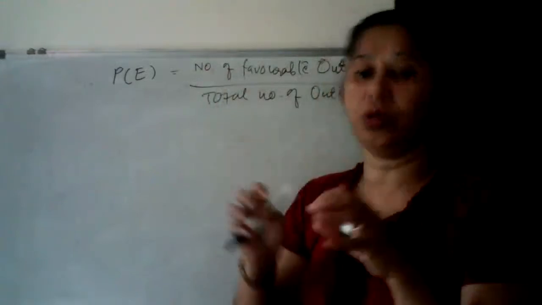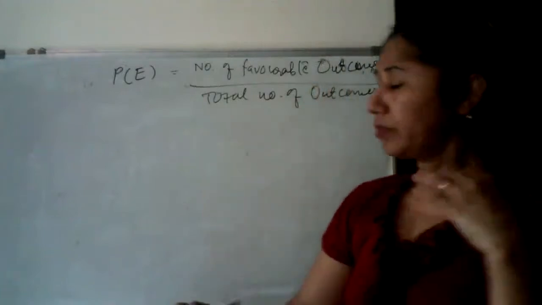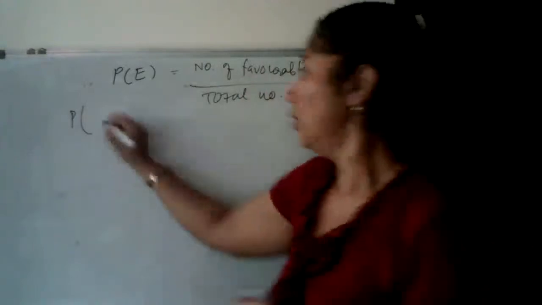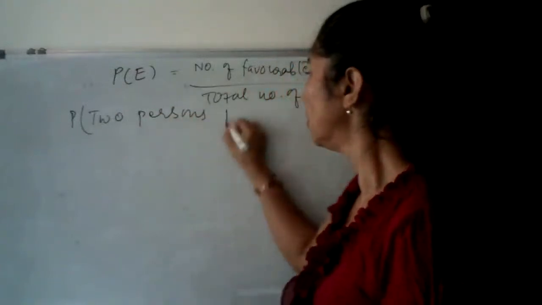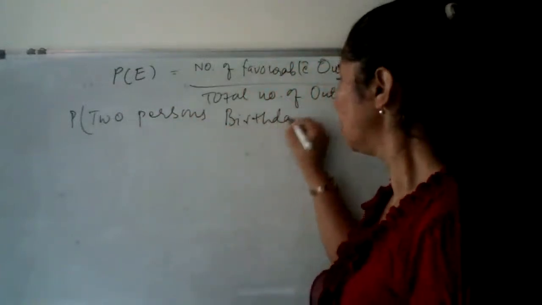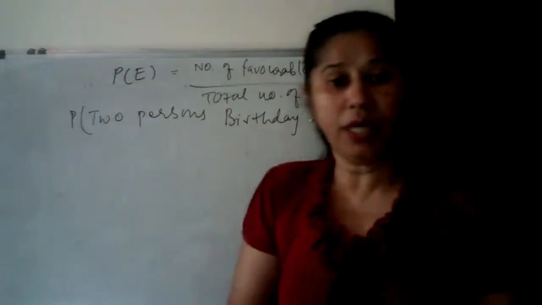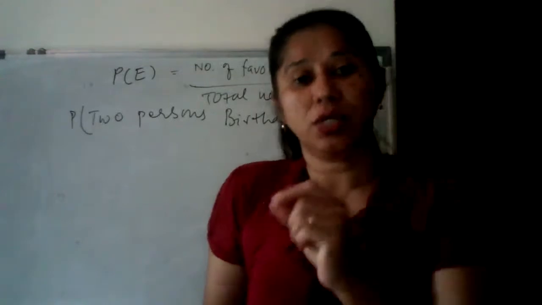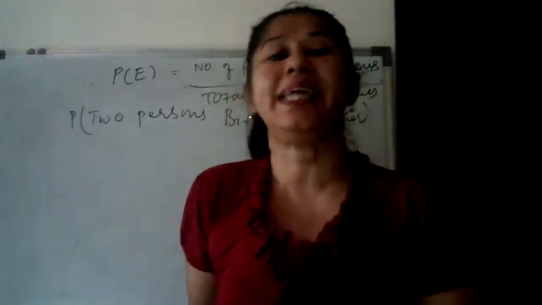This is a bit different from your stats, which we generally do. So the question says you have to find the probability of... imagine that you and your friend are talking about birthdays, and the question comes up: what is the probability that you both have your birthday on the same day?